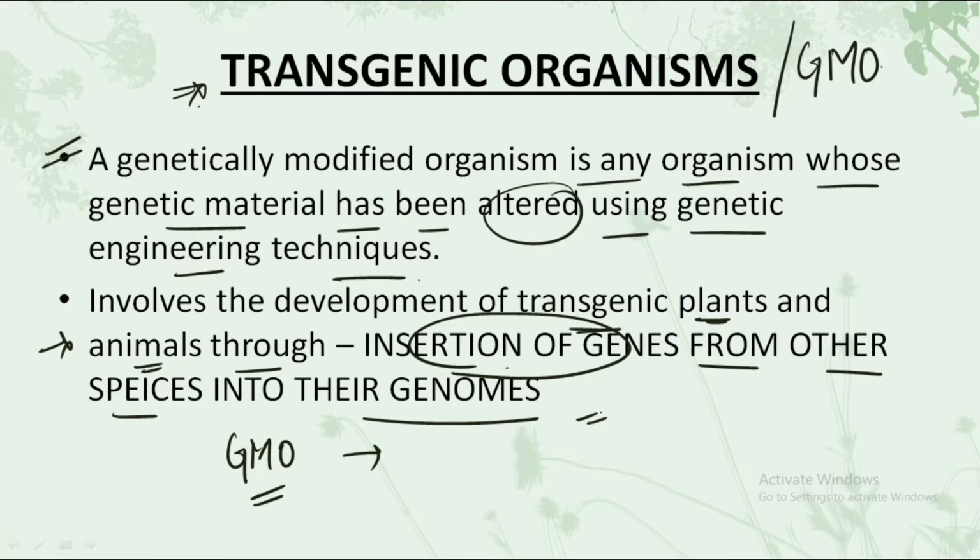So what we are actually doing is taking the host organism that we want to alter, and from any other organism of its species or any other species, we would be inserting the genes for the desired characteristic into the genome of our host organism.